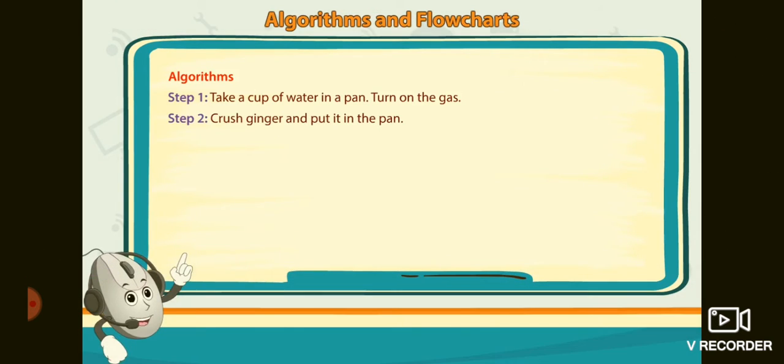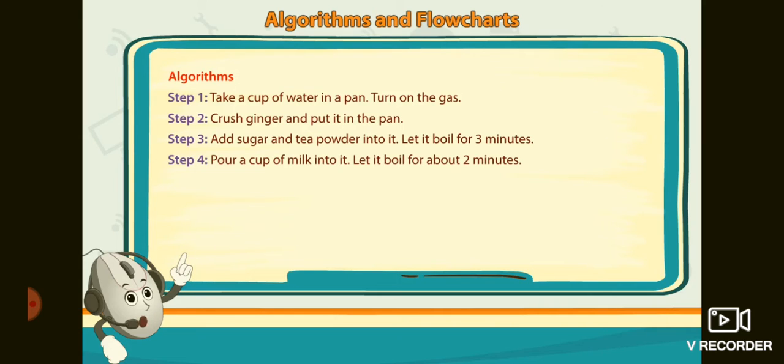First you take a cup of water in a pan, and then you crush the ginger and put it into the pan, and the sugar, tea powder, and boil for 3 to 5 minutes. And after that you pour a cup of milk into it and boil for 2 to 5 minutes.